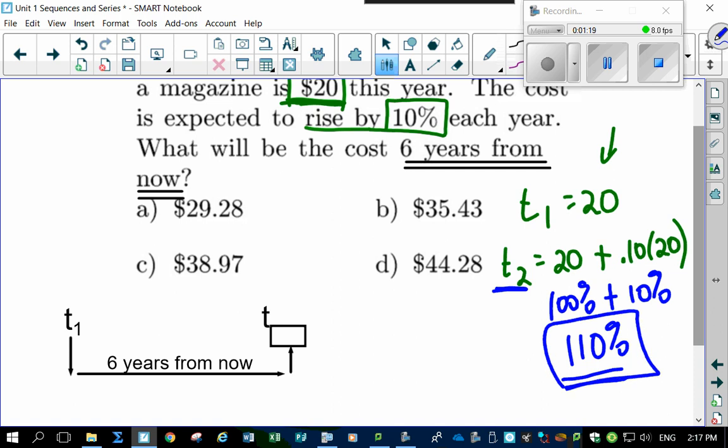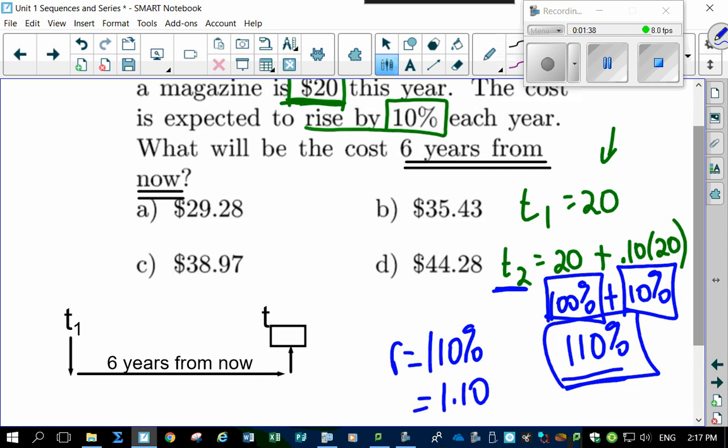Yeah, it actually increases by 110%. So the ratio then is not 10%, but the 100% of what you previously paid plus 10% more, which works out to be 110% or 1.10. That's the ratio that you use.